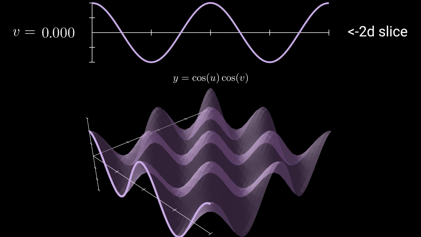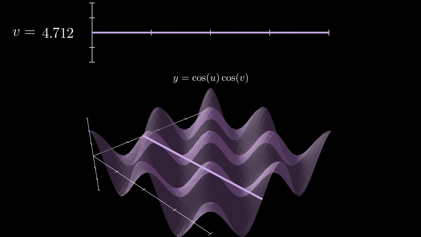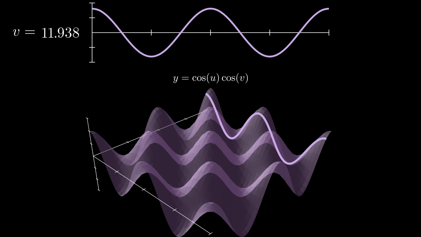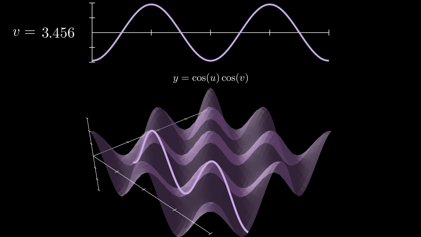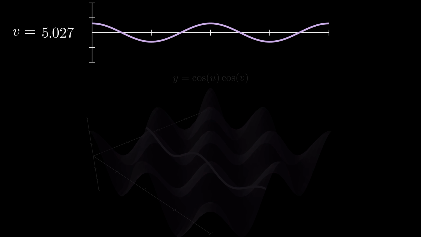We do this by holding one variable, v, fixed as a constant value, and we treat only u as the true variable for the current line. We can then walk through different values of v, which changes the line over time. We slide across the surface slice by slice, and in doing so, we get a pretty good image of what the surface looks like, even though we don't see it all at once.